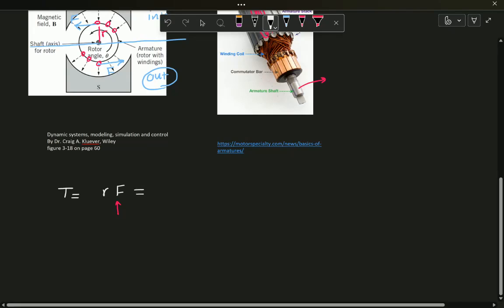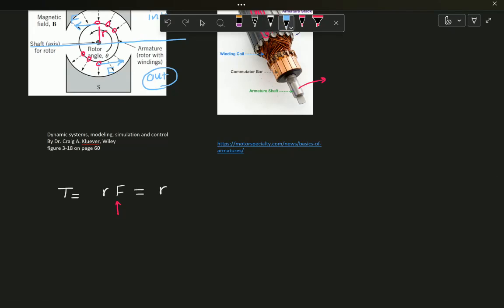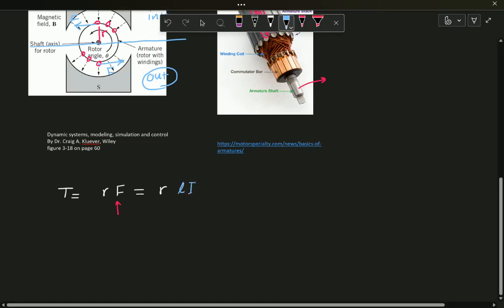The second law says that the force is going to be what? The force is going to be L, I, B, since the current and the magnetic field are perpendicular to each other.